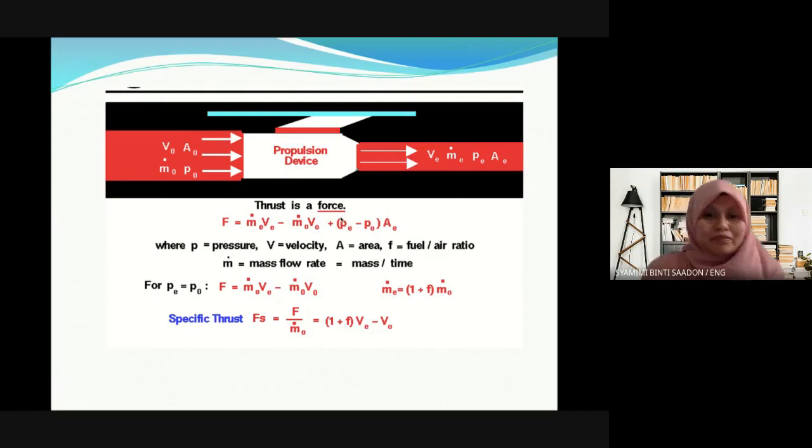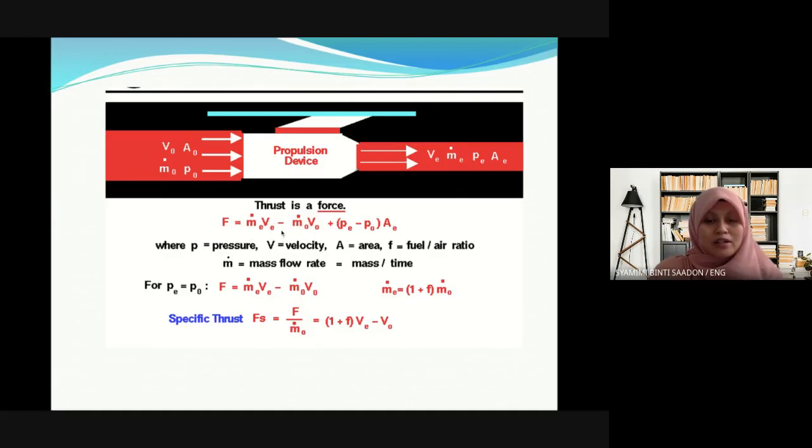By applying Newton's second law, we know that thrust is a type of force, so it is in newtons, or kilogram meter per second squared.